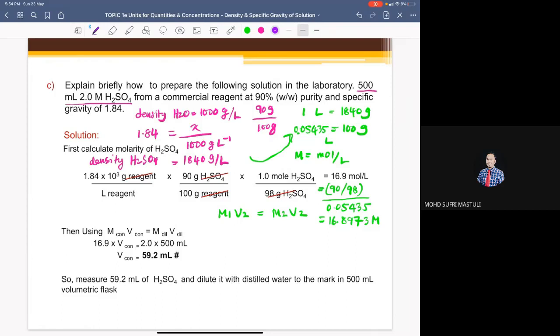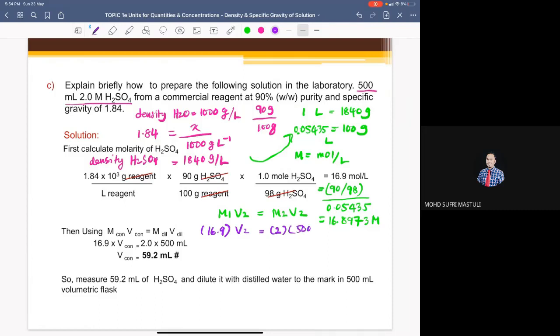So the molarity of this commercial reagent is 16.9, and then the volume you have to find in order to prepare this solution: 2 molar, volume is 500 ml.